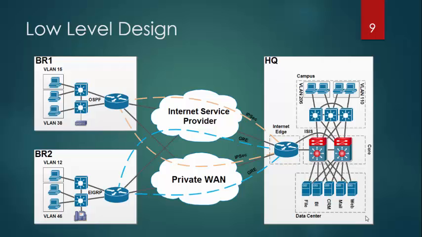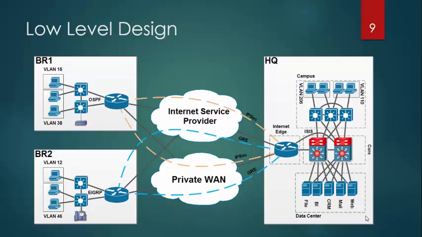Okay, as it is shown in the diagram, it is a low-level design of our previous diagram, as we can see as a high-level design. We can see various items like routers, switches, VLANs, tunnels, and modules in here.